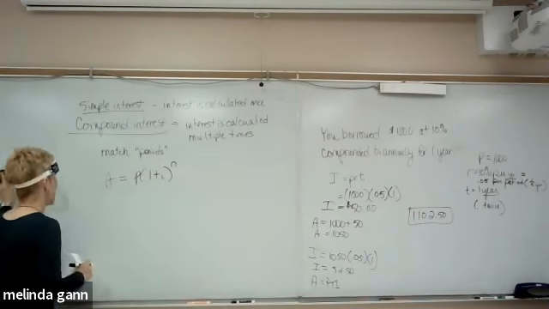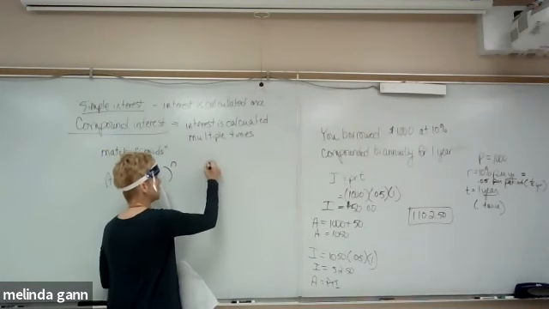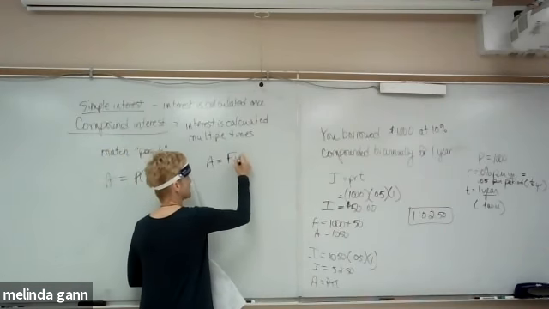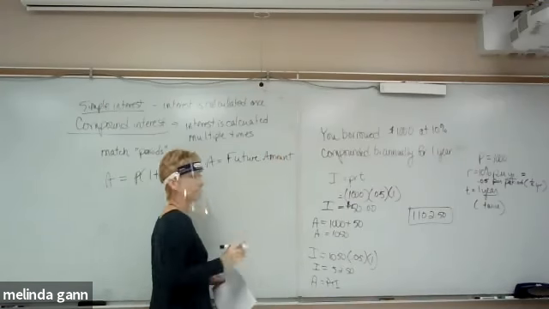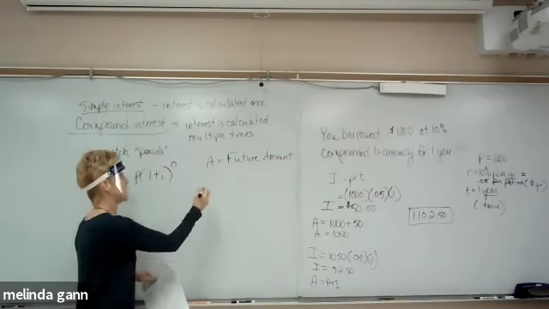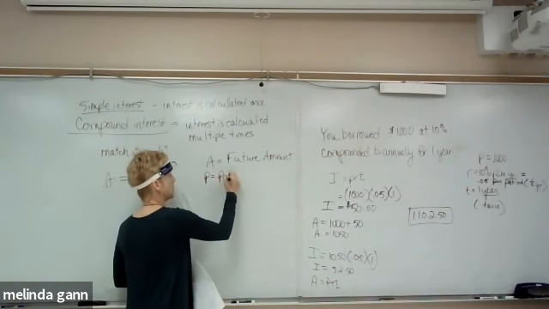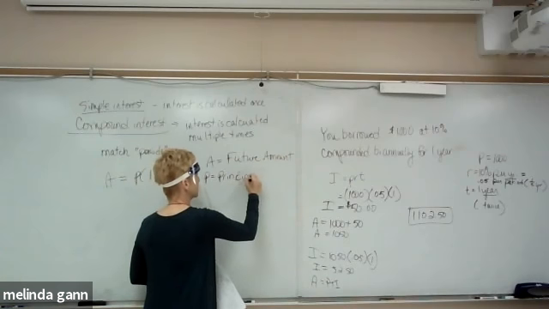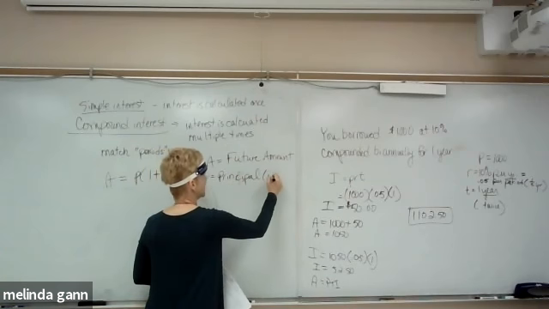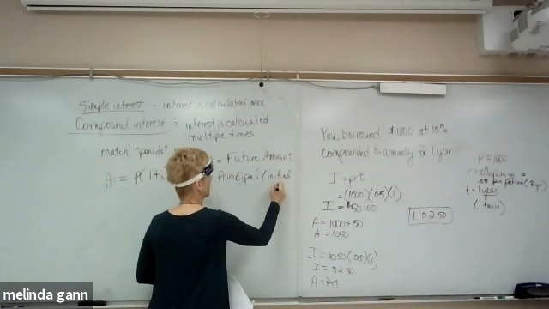Okay? Now, what's A stand for? Remind me, what does A stand for? That's my future amount. That's the amount at the end. What's my P stand for? Still what? Principal. Now, is principal the beginning or the end amount? It's the beginning amount, so I'm going to put initial amount.